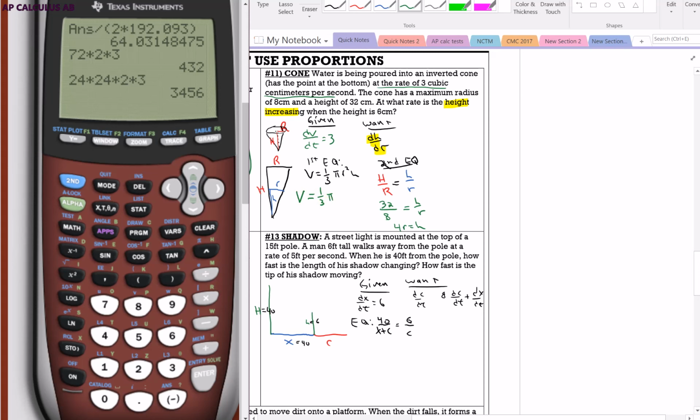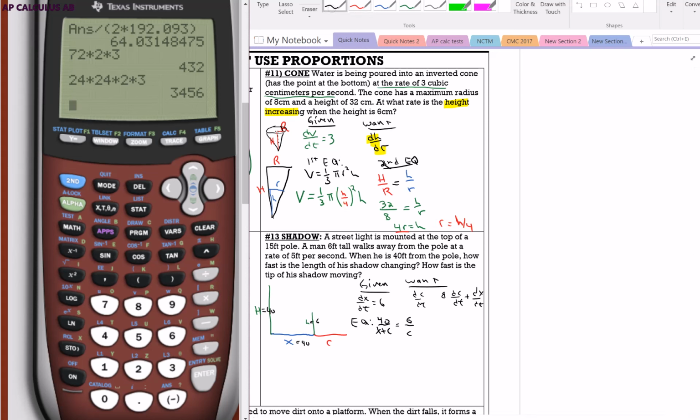If it's only going to have h's, that means I need to replace the r with this secondary equation, right? h is 4r, which means that r is h over 4. So I'm going to replace this r with h over 4. And that's going to give me all h's, right?